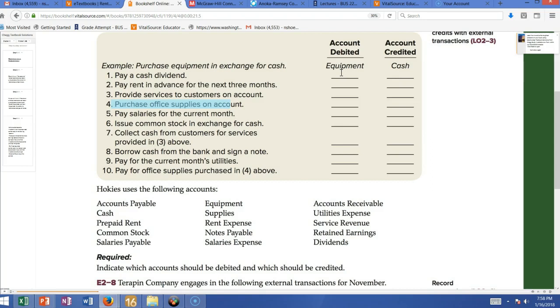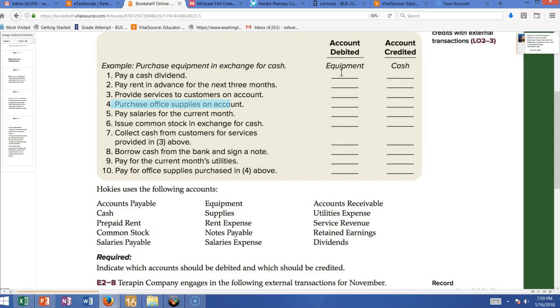What is accounts receivable? An asset. What is the normal balance of an asset? A debit. So when we provide services to customers on account, accounts receivable is debited. It's increasing, isn't it? The other side is service revenue.